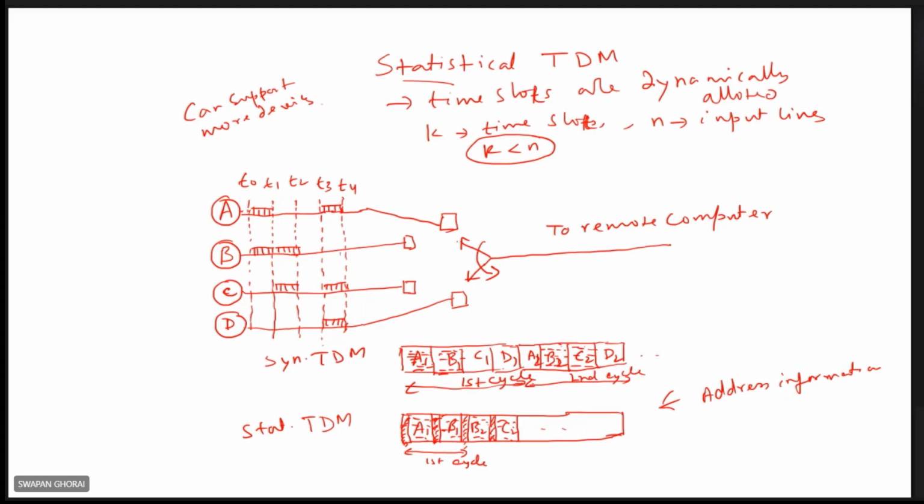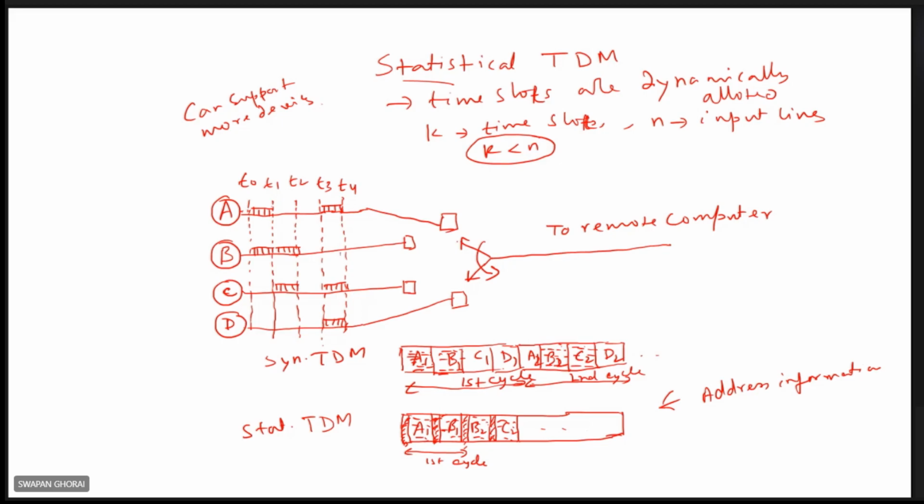Of course, this overhead can be minimized to improve the throughput. The overhead is required for address information, but extra capacity will be needed for it. This can be minimized if the HDLC protocol is followed.